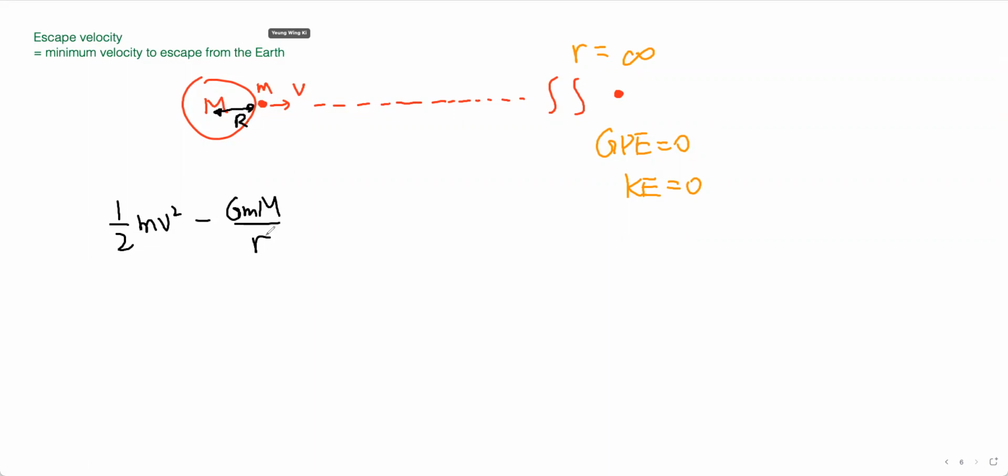But here R is the radius of the Earth. So it's still the formula KE plus GPE equals KE plus GPE.